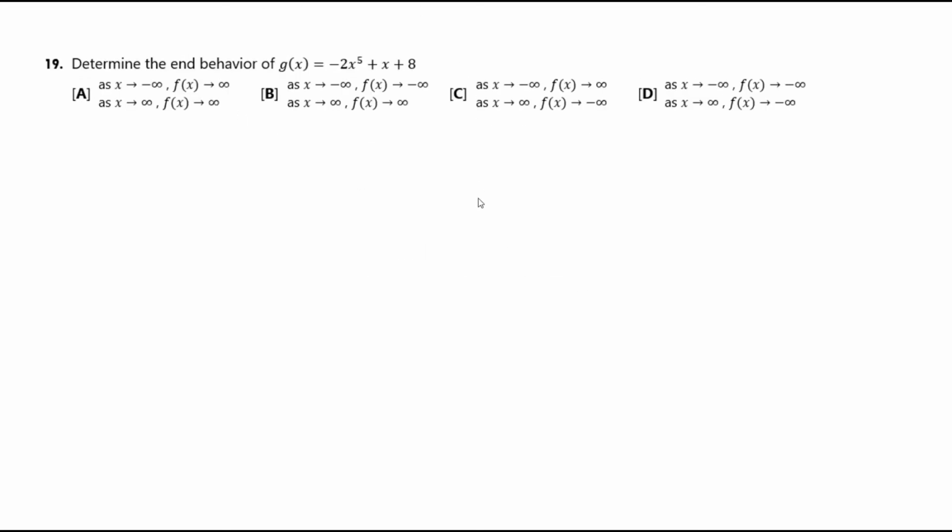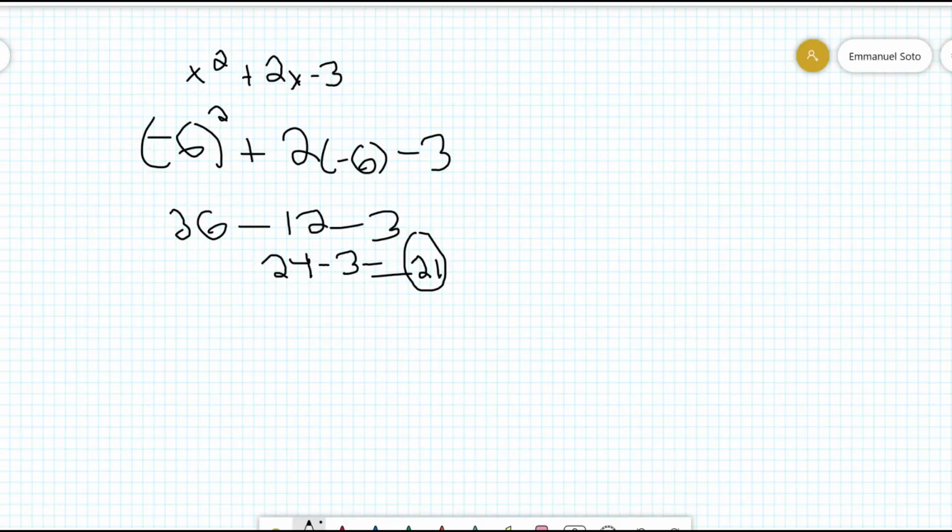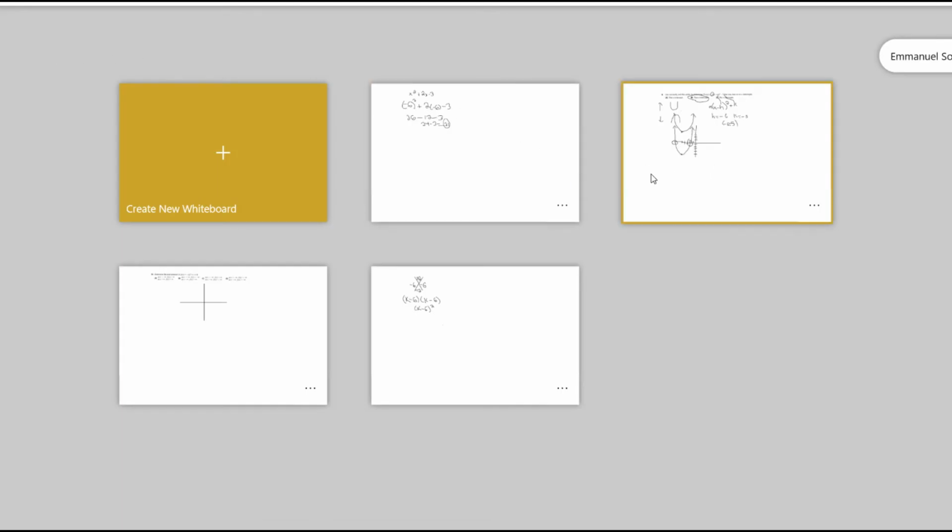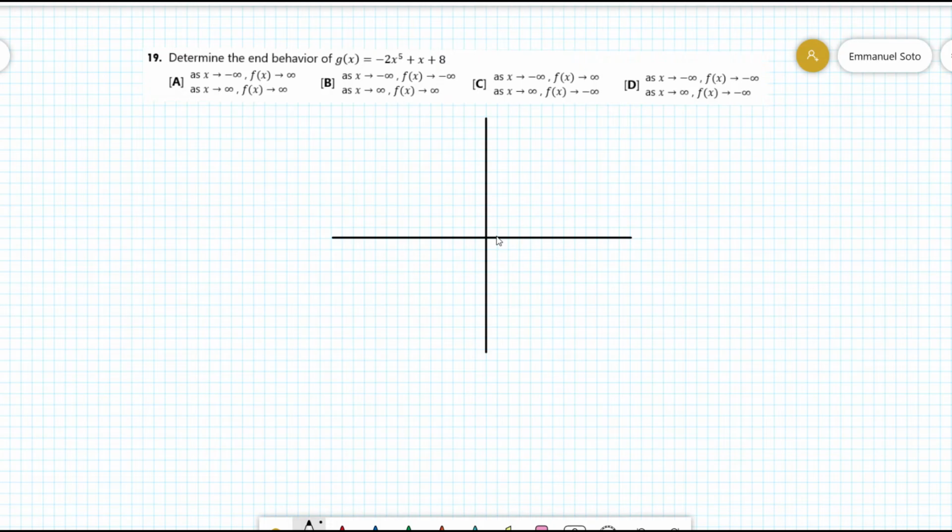For number 19, we're going to go ahead and determine the end behavior. In order to determine the end behavior of this, you're going to need to do some graphing, or at least get an idea of how this looks. So what we're going to do is go ahead and graph this. Just do a basic graph. So this is the function, so now we're going to go ahead and graph it.